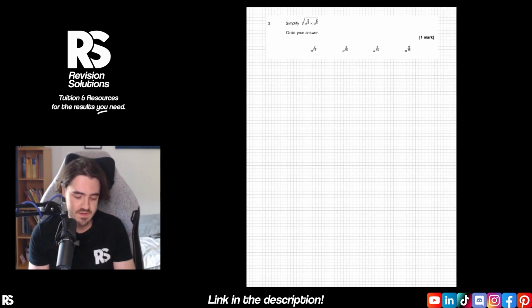Next question, it says, can we simplify a to the 2/3 times a to the 2/5 all wrapped up in a square root? So let's start by just simplifying the inside of the square root, and we'll deal with the square root afterwards. So that would just be the square root, and then to simplify inside, we just add the powers. So 2/3 plus 2/5.